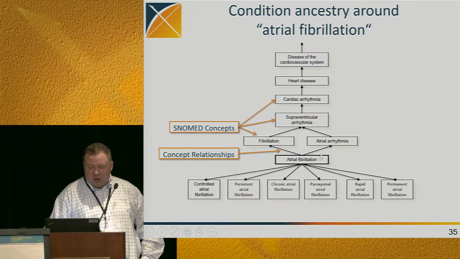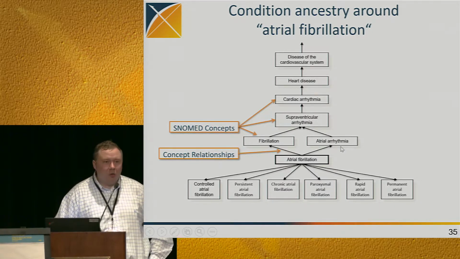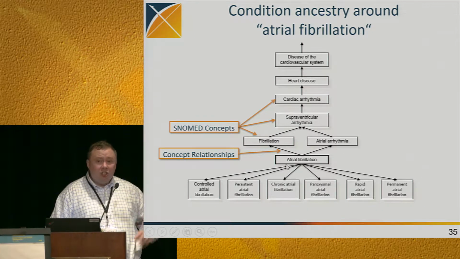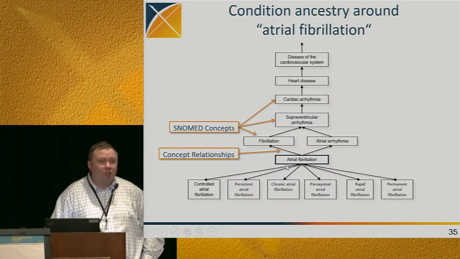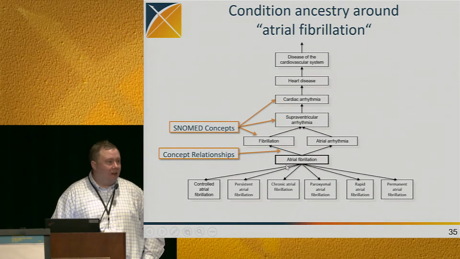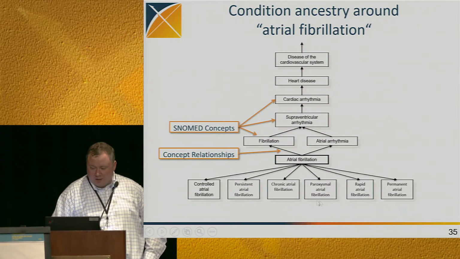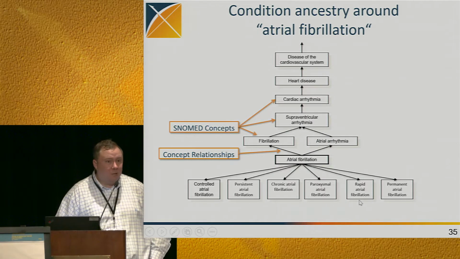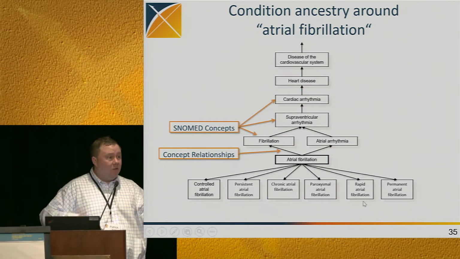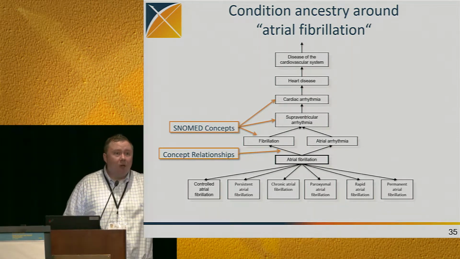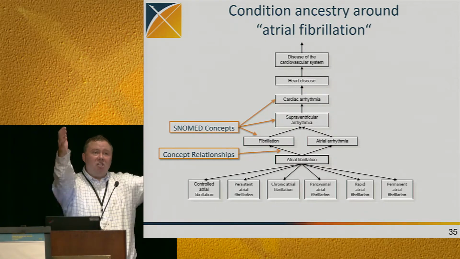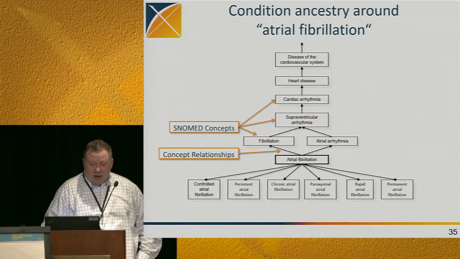Atrial fibrillation also has a relationship to atrial arrhythmia. Atrial fibrillation actually is kind of a broad term. There are more specific variants of atrial fibrillation that are also available in the SNOMED vocabulary. For example, there's chronic atrial fibrillation and paroxysmal atrial fibrillation and rapid atrial fibrillation. And so each of these individual concepts are unambiguous, but these relationships allow us to navigate, explore that space.